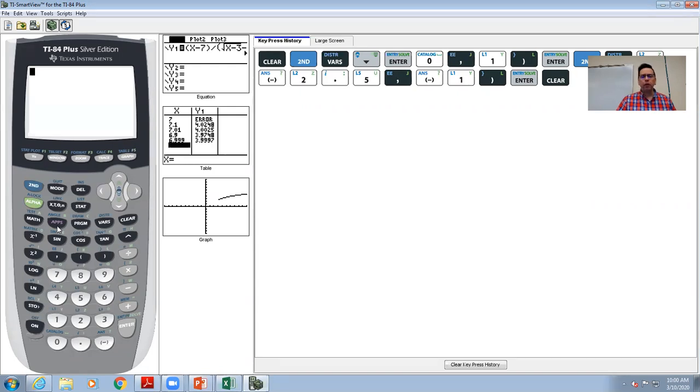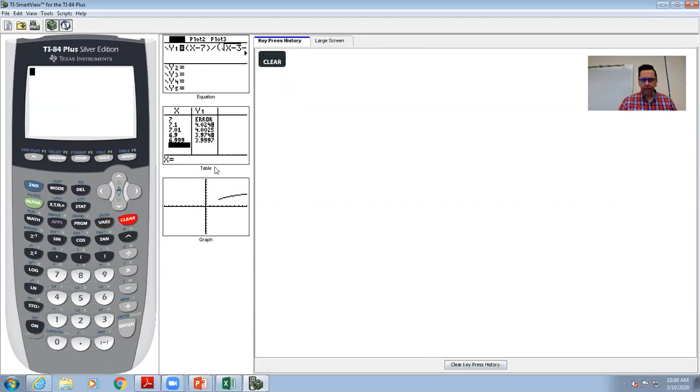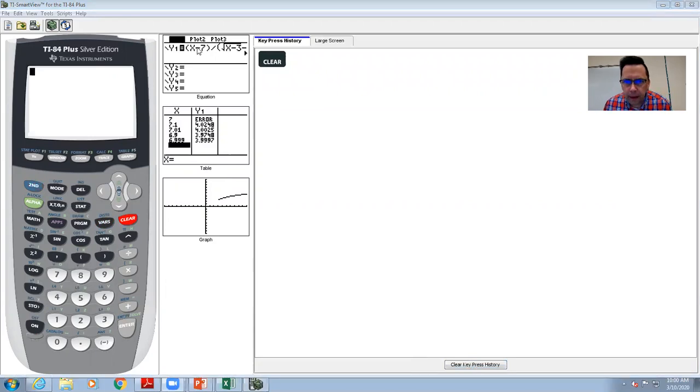Okay. So the way you bring up the stuff for your normal distribution is you go second and then this VARS button. Notice it says DISTR on top, which stands for distributions. It might be helpful to follow my key press history over here, and I forgot to clear it.